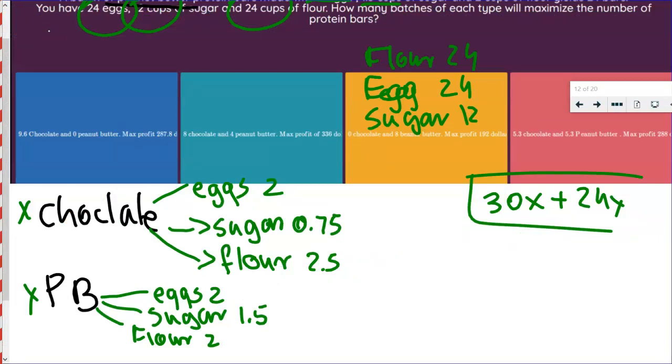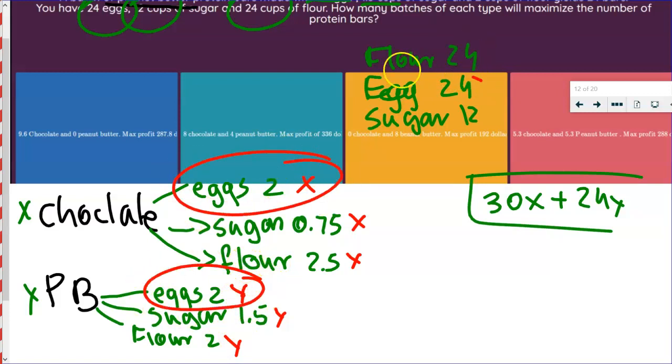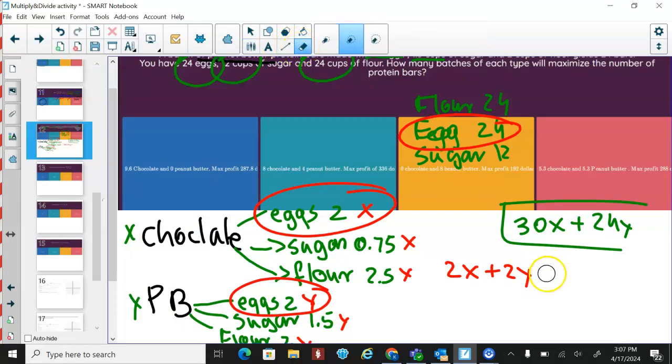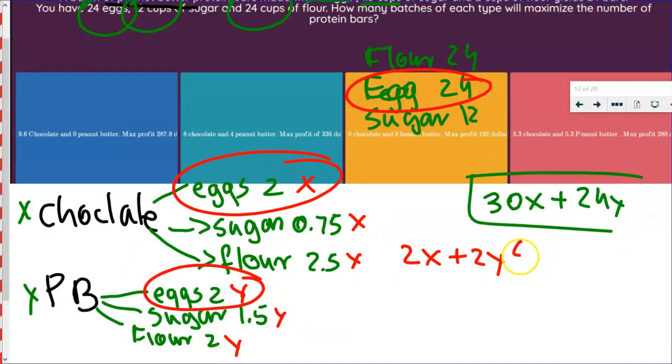So what do I have? This is my X. Okay, this is my Y. So eggs with eggs, the same category. 2x plus 2y, nope, not equals, less than, okay, because again, we're creating an inequality, less than or equal to 24. Okay, now we're going to do sugar.